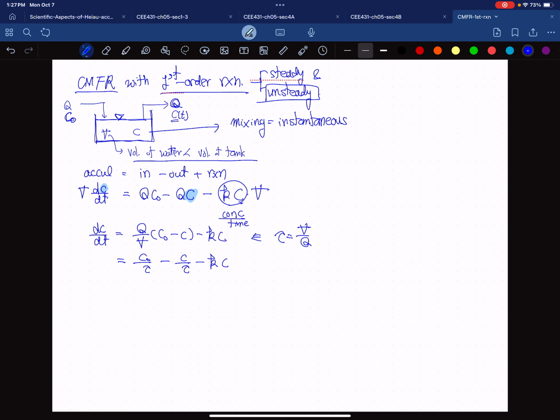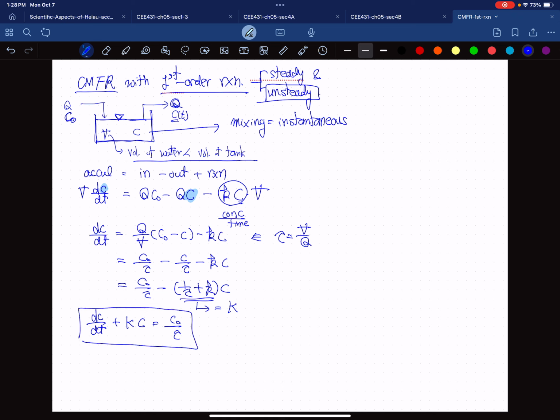We can group terms with the concentration C: C naught over tau minus (1 over tau plus k) C. Just for simplicity, we will let this one equal to capital K. So the governing equation that we actually need to solve is dC over dt plus KC equals C naught over tau.